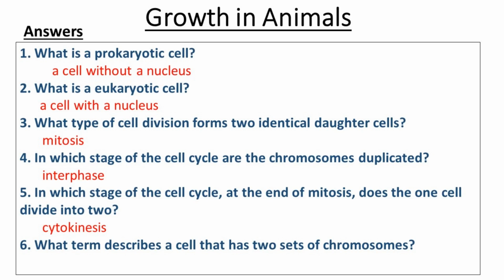Give yourself a tick or a correction for that. And the last question here, what term describes a cell that has 2 sets of chromosomes? And this applies to almost every cell in the human body, apart from the sex cells or the gametes. It's diploid. So give yourself a tick for that, or add that in if you didn't get that answer.